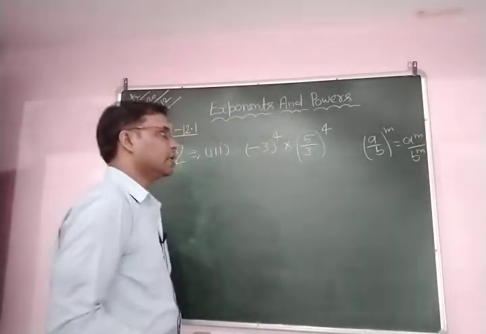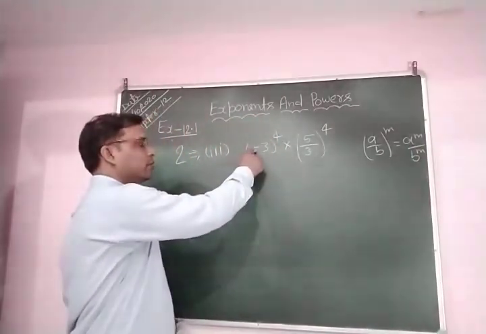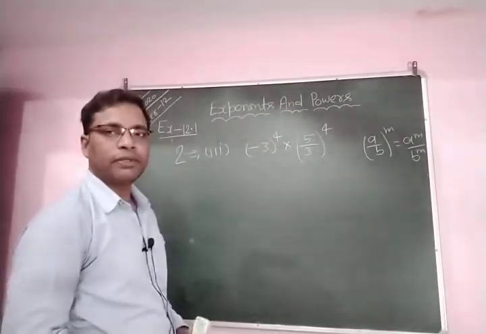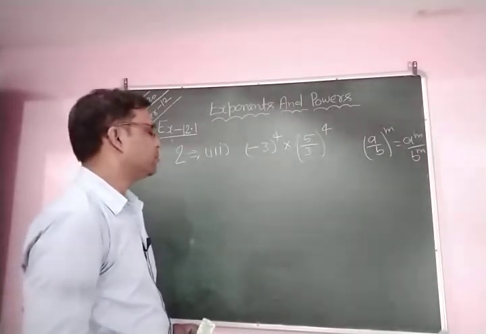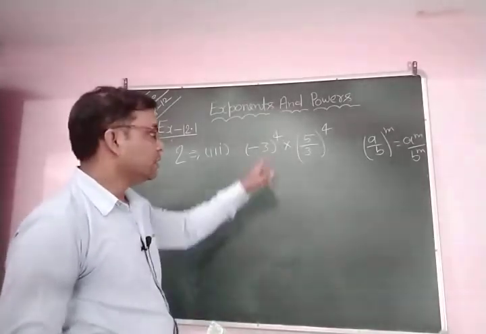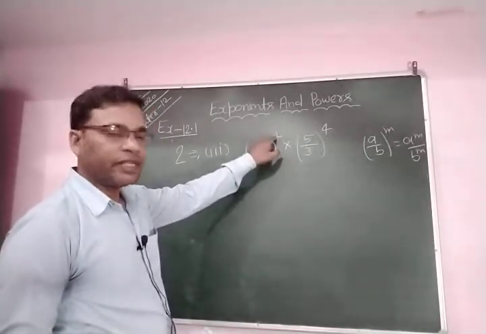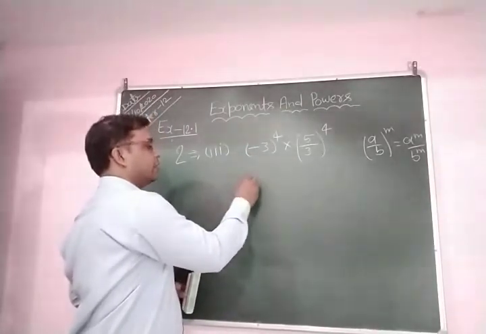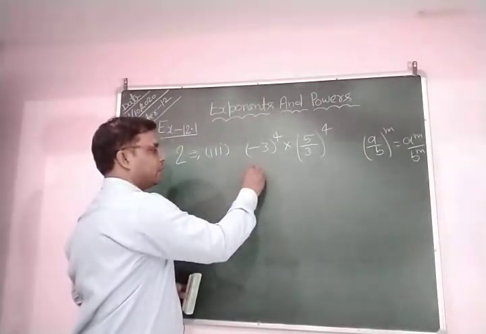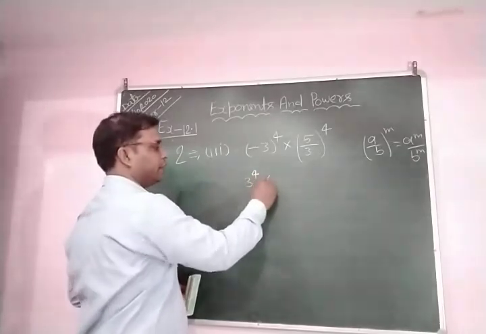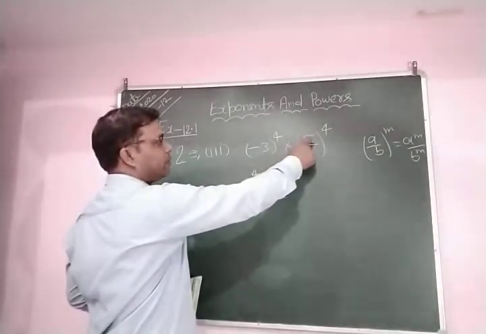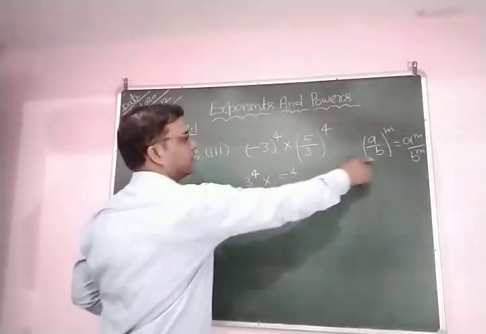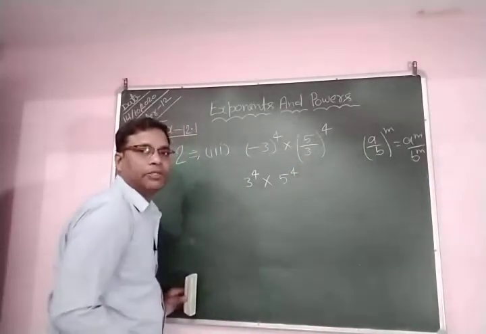Now minus 3 power 4 becomes plus 3 power 4, because the power is even, so it becomes positive. So you can write 3 power 4 into 5 power 4 by 3 power 4, according to this law of exponents.